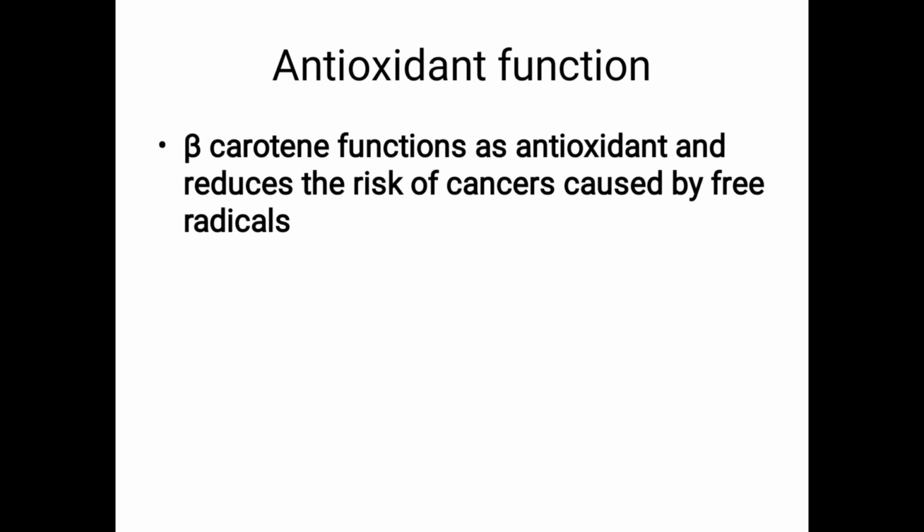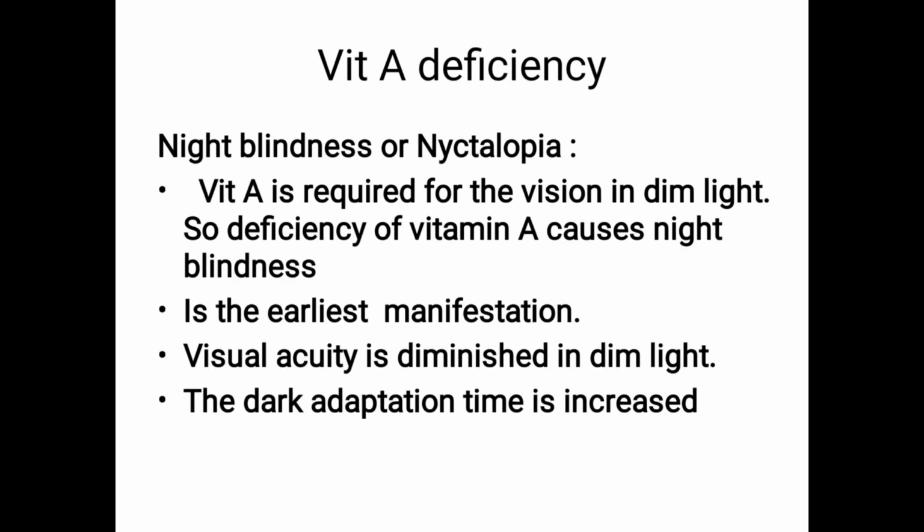Okay. So now let us see the function and deficiency of vitamin A. Students, remember, usually vitamin A may be asked as a 10 marks question. It will be asked as chemistry, that is the beta ionone ring. Then you also have to write about retinol and retinoic acid.